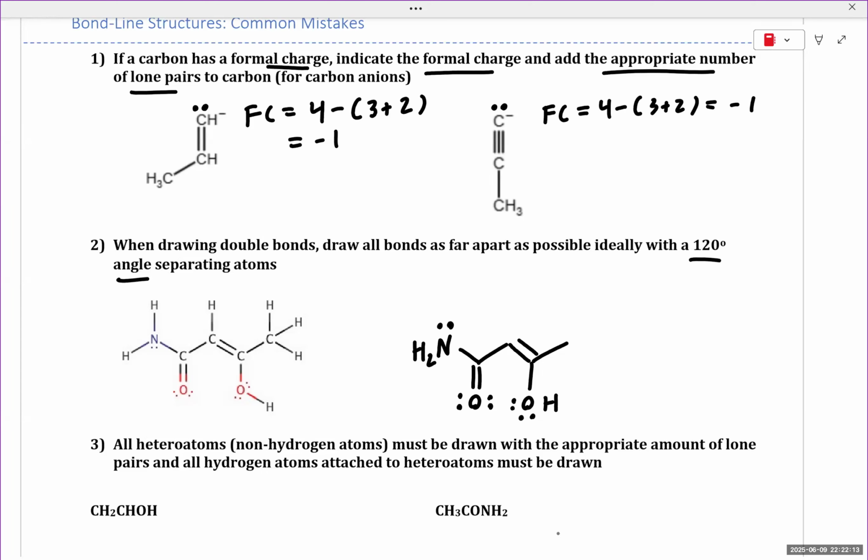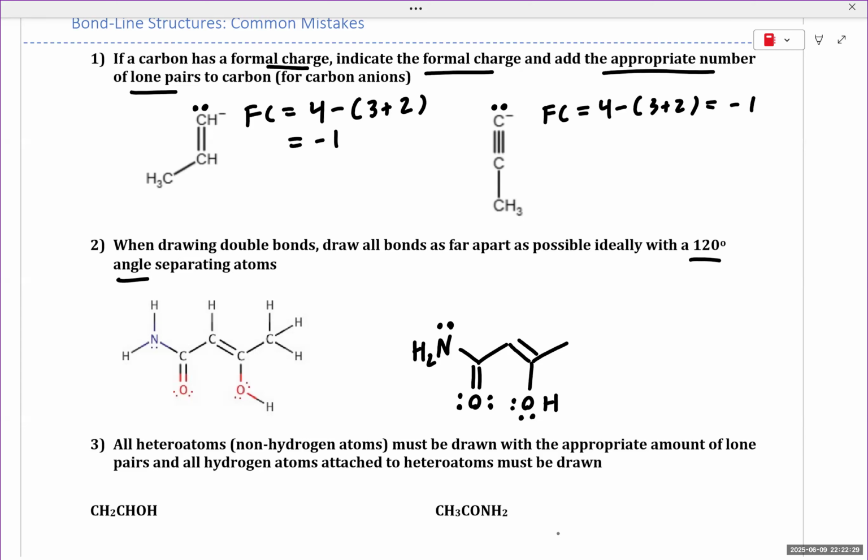We then add in our lone pairs, and this gives us the correct structure. As you can see, when we look at this carbon-carbon double bond, the bond angle across the carbon-carbon double bond is close to 120 degrees.